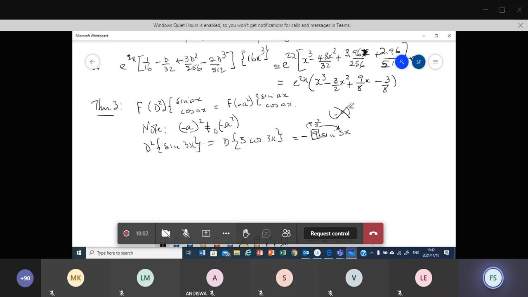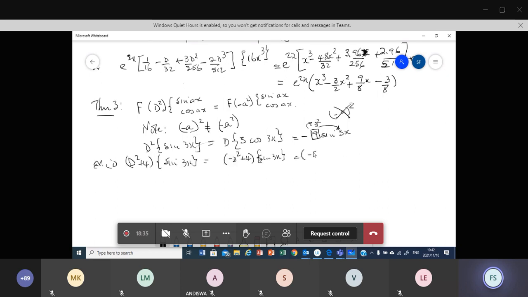Examples. Example 1. We have d squared plus 4, only if we are taking the second derivative, on sine 3x. We've already seen that. It's going to be minus 3 squared, 3 squared replaces that d squared, plus 4, on sine 3x.